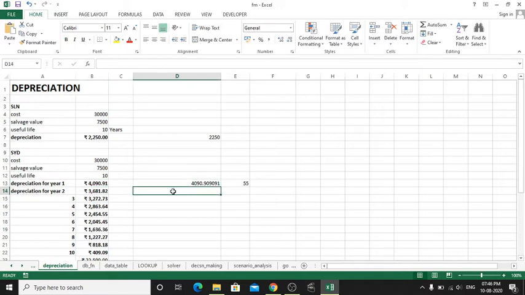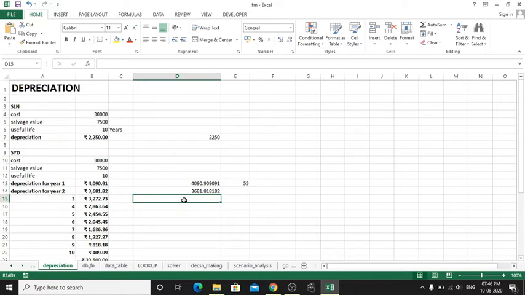So what about year 2? After 1 year we have used 1 year of useful life, right? So it will be 10 minus 1, that is 9. 9 divided by the sum of years into the same cost minus salvage value. See, the answers are right, 3681, and here is also 3681.